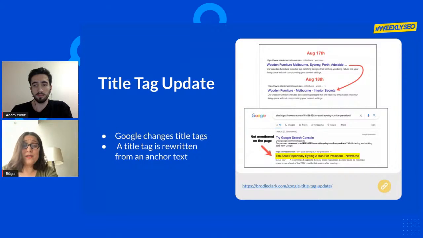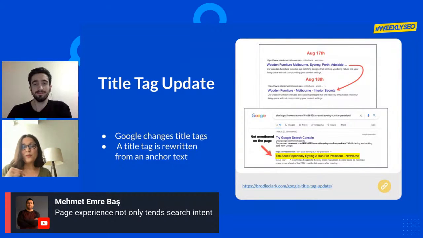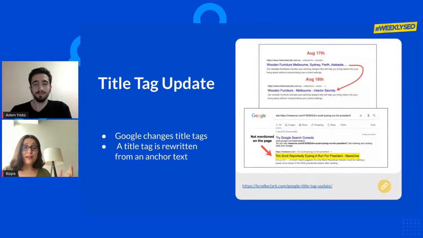Another topic, Adem, is a huge topic on Twitter yesterday and the day before: the title tag update rumors. On the 17th of August, SEOs around the world started to see changes in title tags.